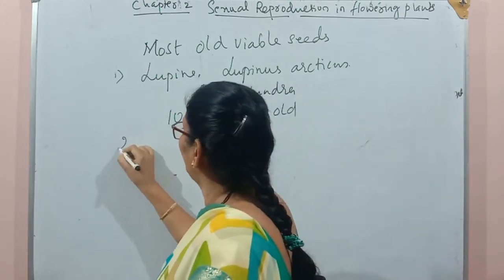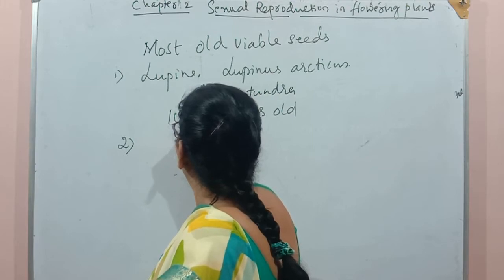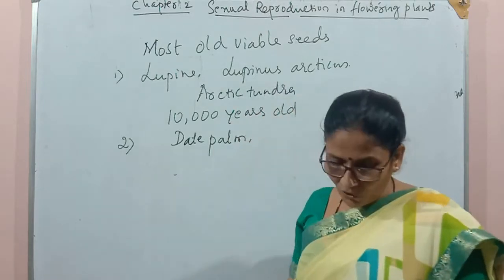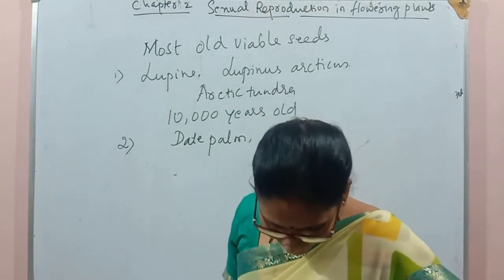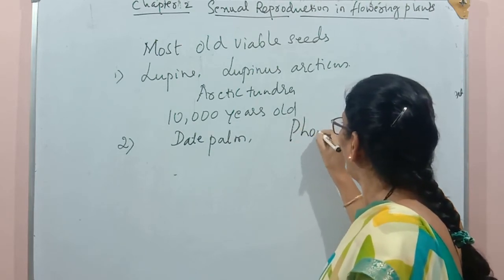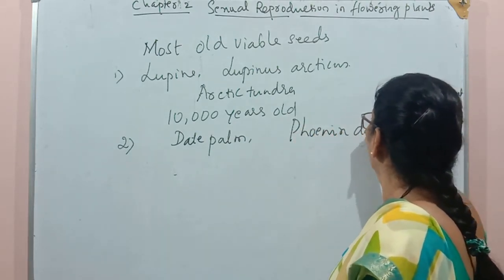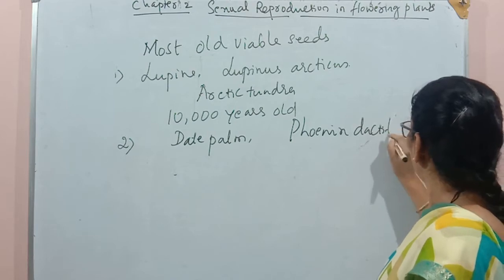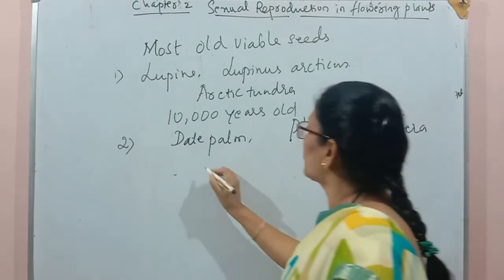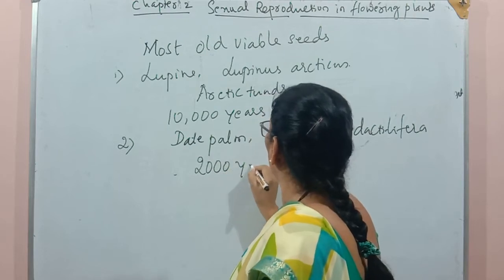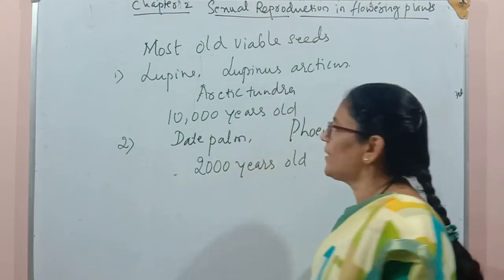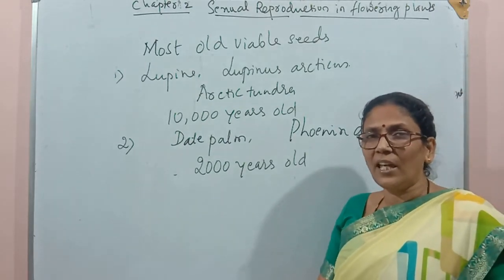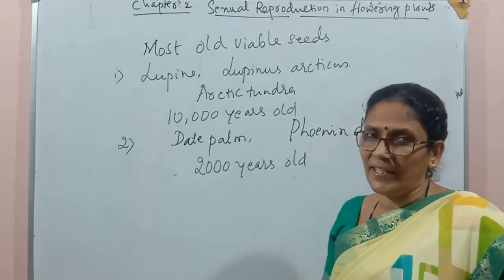Another old viable seed is the date palm, or Phoenix dactylifera, which is a 2000 year old viable seed, and it was excavated from near King Herod's Palace near the Dead Sea.